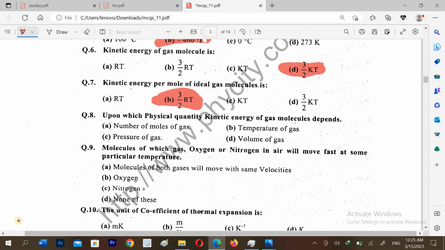Upon which physical quantity kinetic energy of gas molecules depends? B. Molecules of which gas, oxygen or nitrogen in air will move fast at some particular temperature?